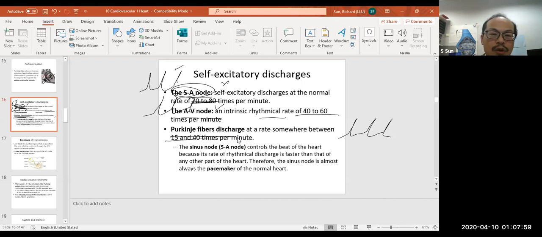But when you start to run, your heart rate should adapt to provide about 120 to 130 beats per minute in order to keep your body running. If you solely rely on the Purkinje fibers, you won't be able to produce that kind of heart rate.